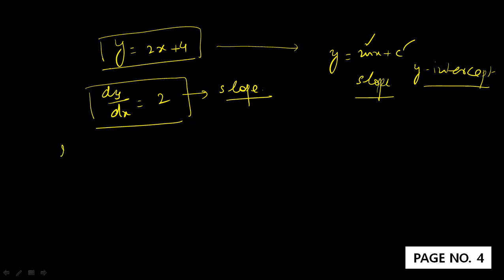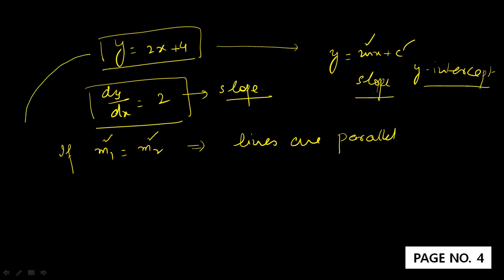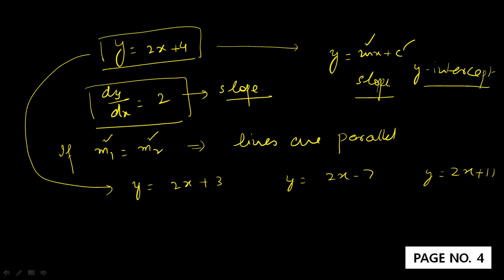Now, if m1 is equal to m2, meaning the slope of the first line is equal to the slope of the second line, then the lines are parallel. If I have to write another equation which is parallel to this one, then I can generate y = 2x + 3, y = 2x - 7, y = 2x + 11, like this.